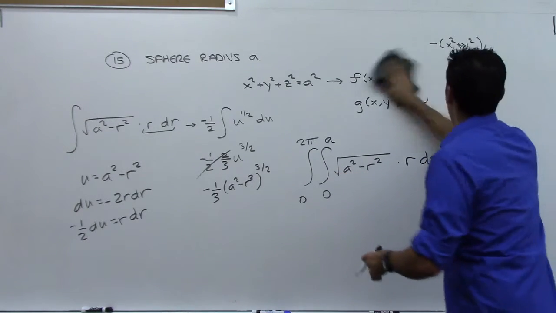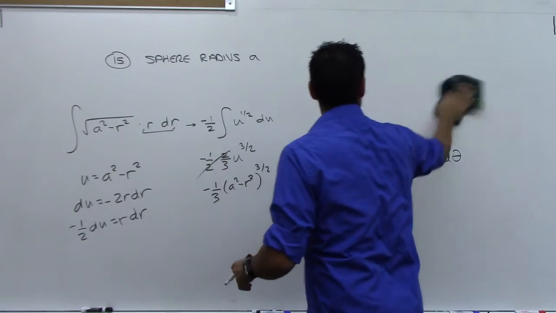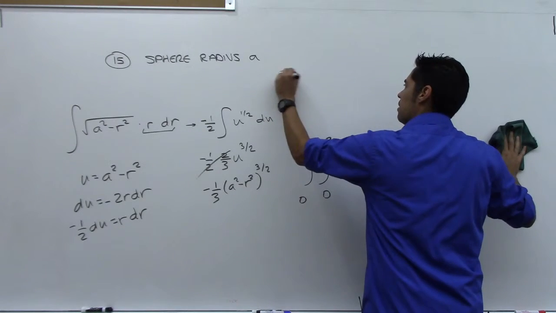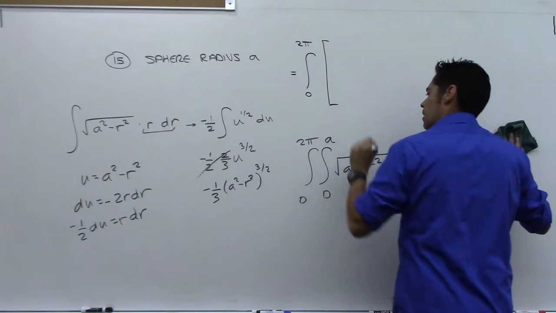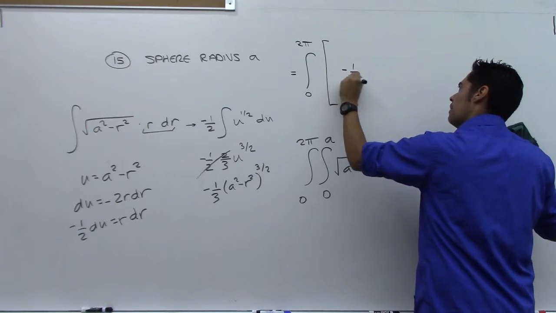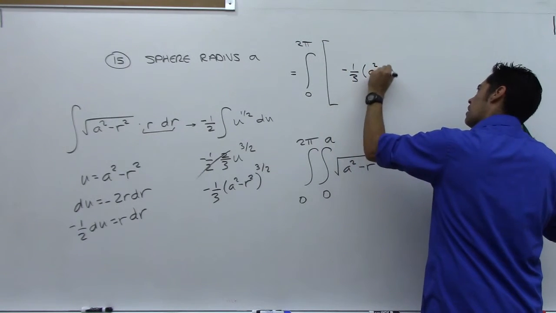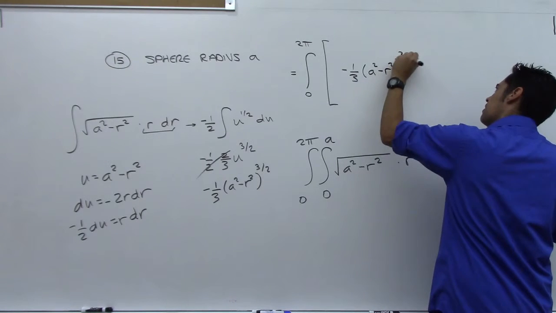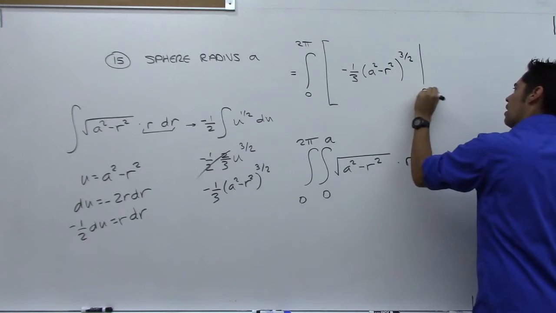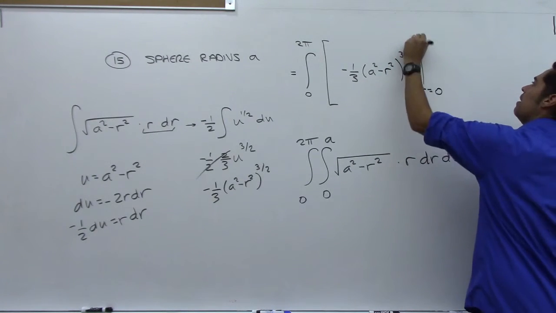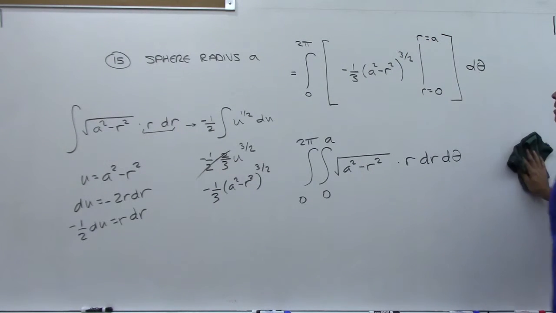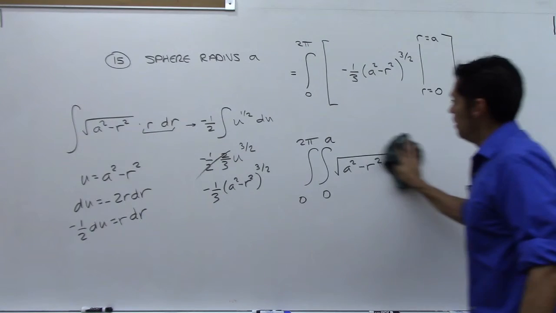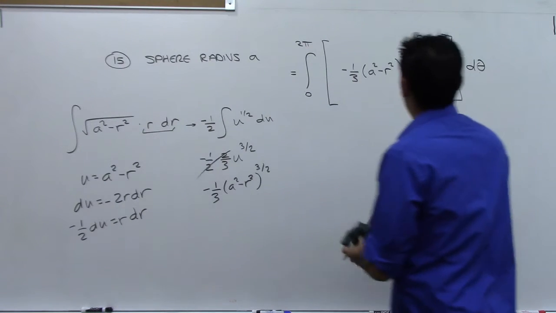Let's go ahead and write that down. So this equals integral 0 to 2 pi, -1/3 a squared minus r squared to the 3/2, evaluated from r equals 0 to a. And then whenever I figure out what that is, I'll integrate that with respect to theta. So let's plug in r equals a first.